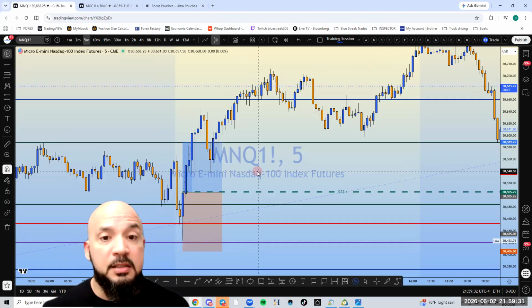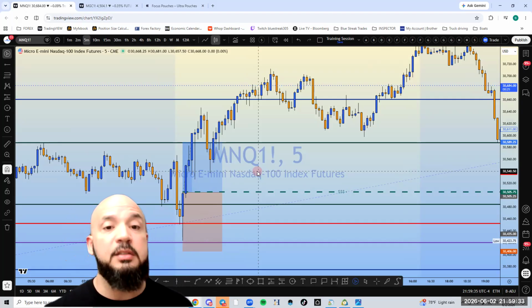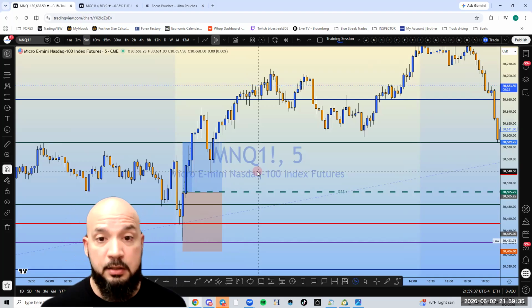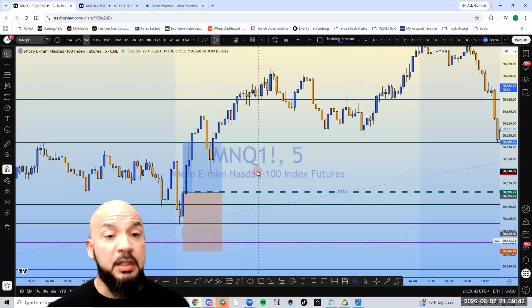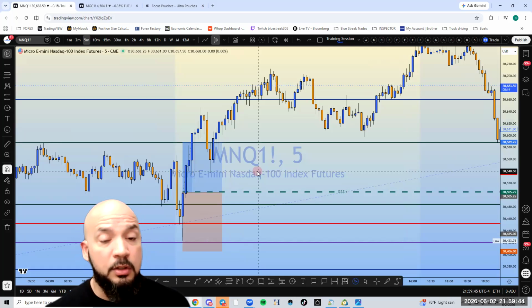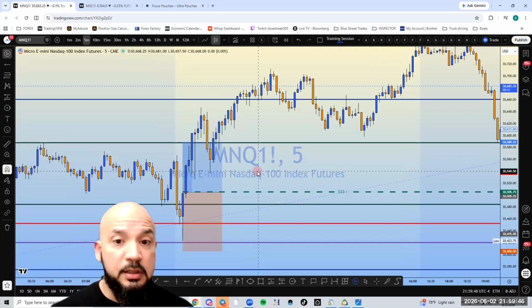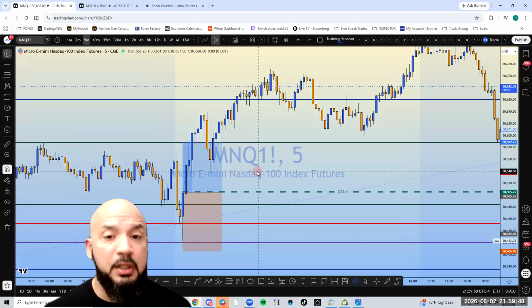My top-down analysis is very simple. It starts at the daily. From the daily, I get an overall direction of what the market might be wanting to do. Just because the daily says bullish or bearish doesn't mean that's what's actually happening on the lower time frame.